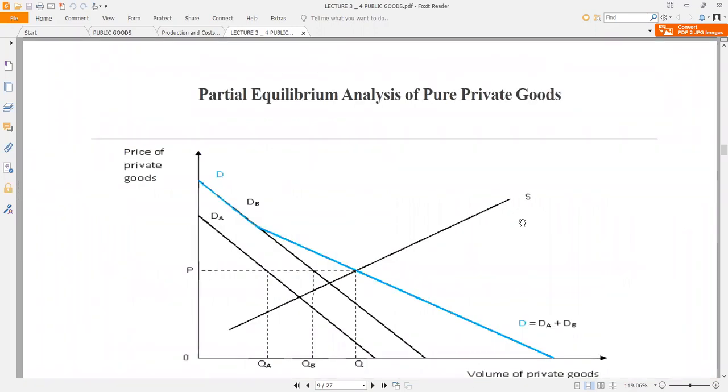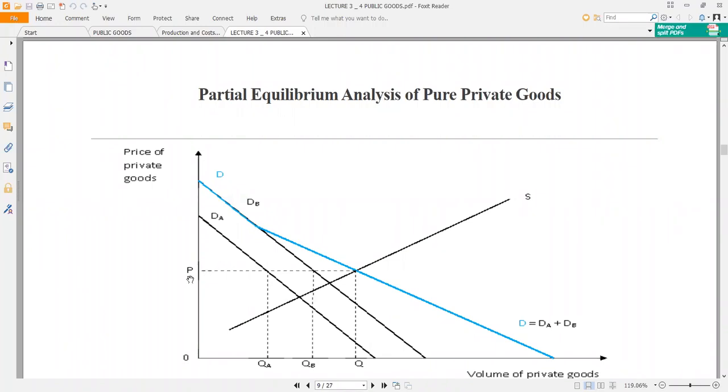So let's look at this. This is a market for a particular private good. For private goods, we have firms and consumers being price takers. They are just price takers, but they adjust their quantity. So let's take these two consumers, consumer A and consumer B. The price is fixed.